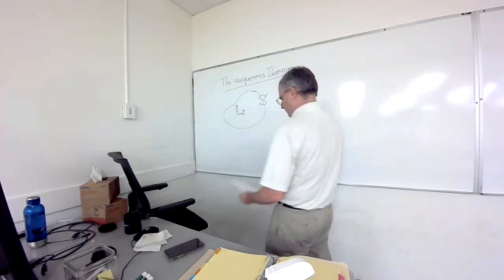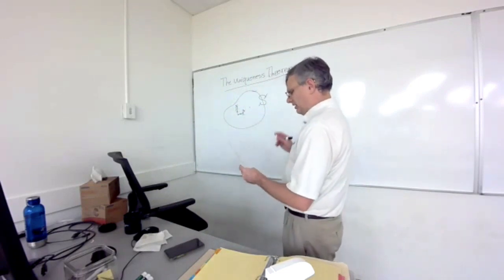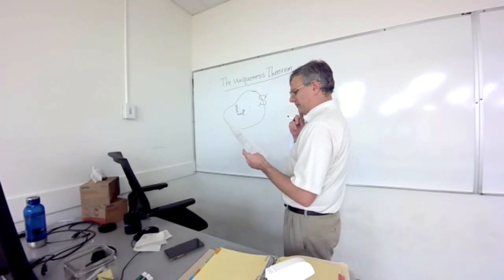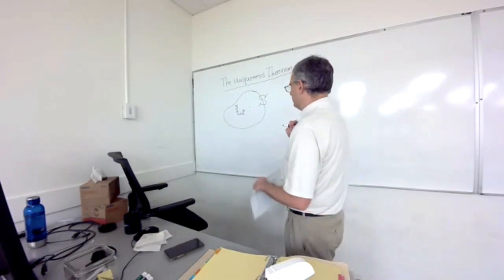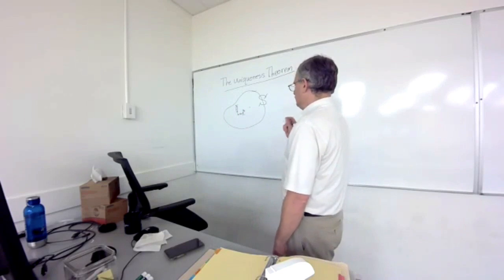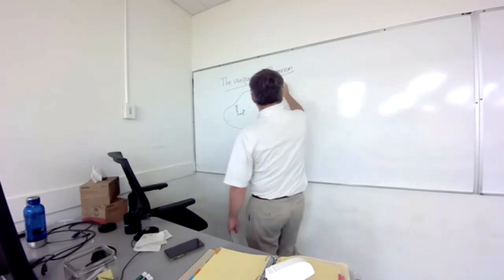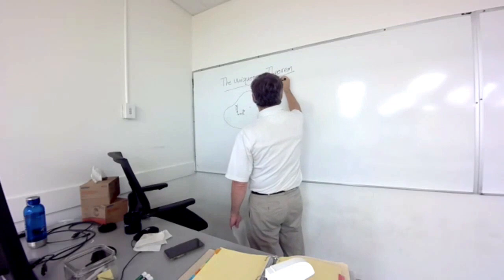So the way that we're going to do this, we're going to prove this by contradiction, or kind of like a contradiction. We're going to say, let's assume there are two solutions.